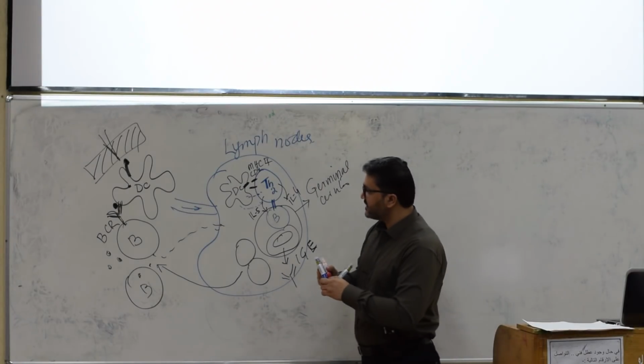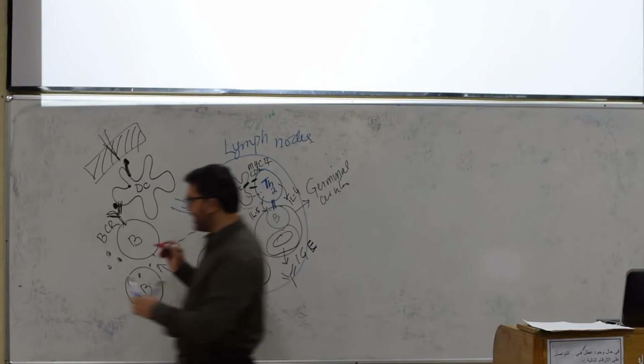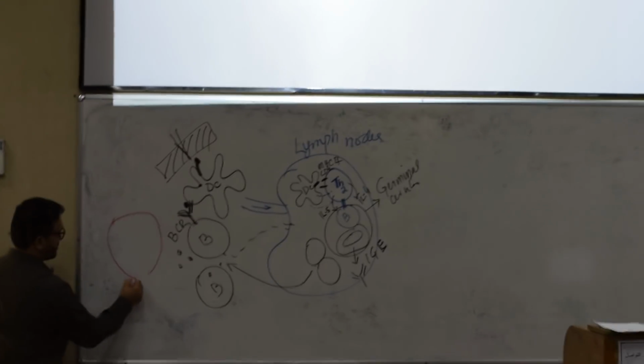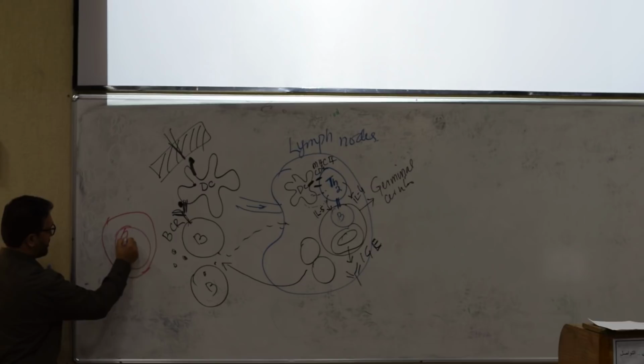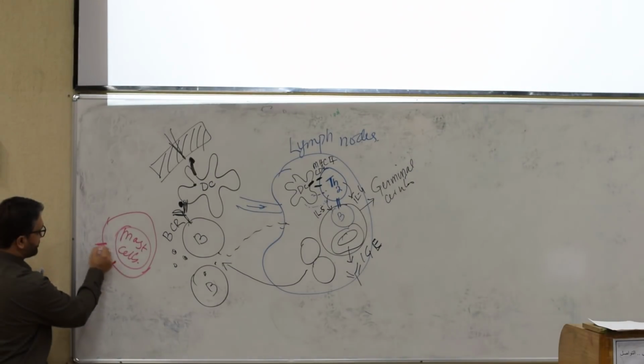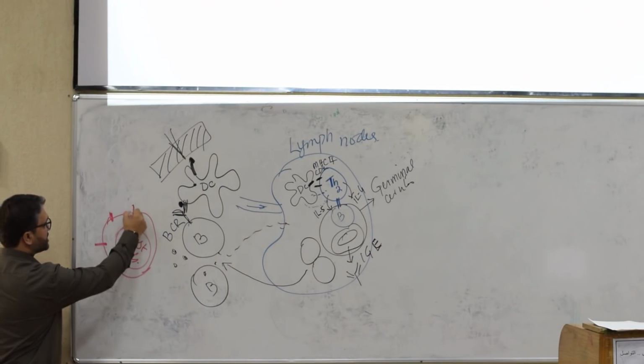Then the antibodies that are produced, we have in tissue some special cells, they are called mast cells. Now mast cells have got a special receptor for IgE antibodies.